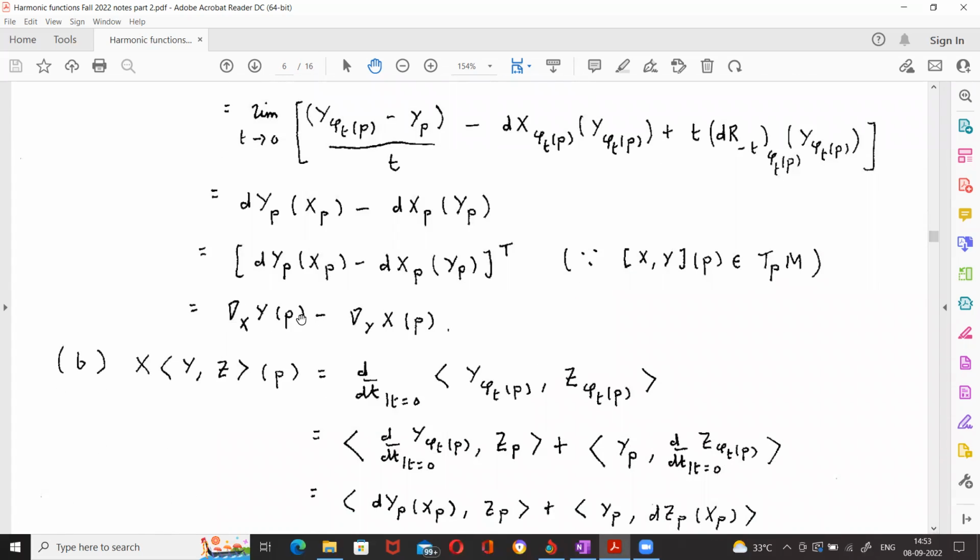Okay, so this proves the symmetry. Is it clear? Yes. Okay. And for the metric compatibility, we just use the fact that this inner product that we have is the Euclidean inner product.